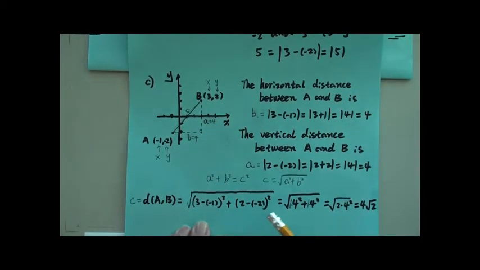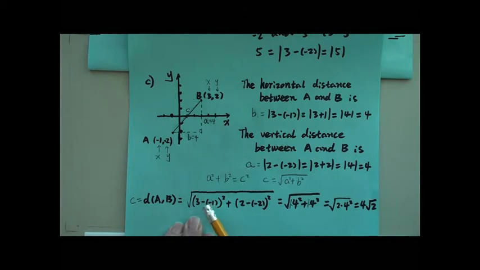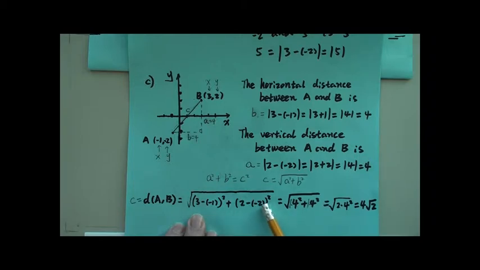And this would be the formula for the distance. The first one is the difference of x's, the horizontal distance. The second one is the vertical distance. So you square the horizontal distance plus the vertical distance squared, then choose the square root. That's the formula.